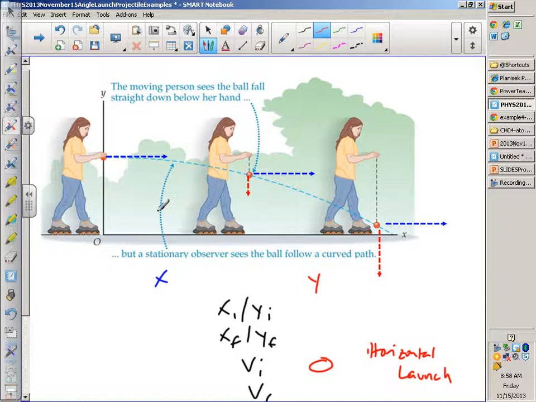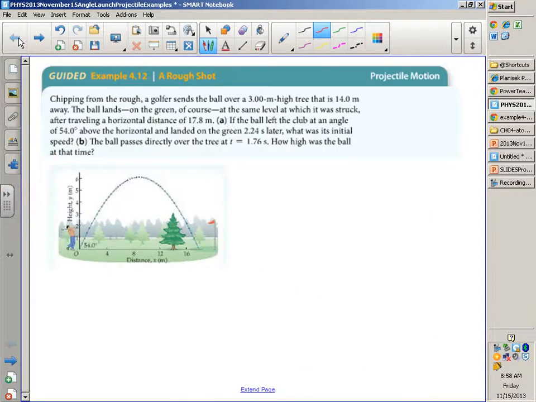Today, we're going to change that up a little bit. And that starts with this example problem called a rough shot. So it says, chipping from the rough, a golfer sends the ball over a 3-meter high tree that is 14 meters away. And you guys have this problem on your sheet here, so it's kind of small, but hopefully you might be able to read that a little bit better than what's up on the board.